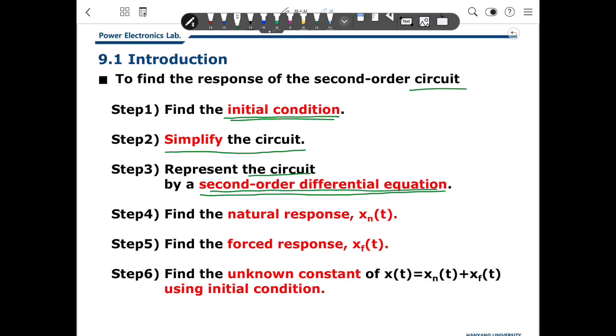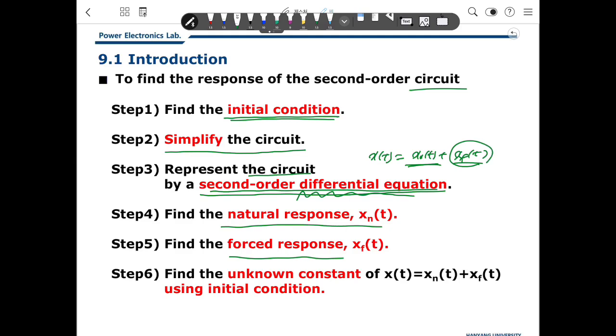Then what should we do? To get a complete response from the differential equation, we make x(t) the sum of xn(t) plus xf(t). xn is the natural response, and xf is the forced response.